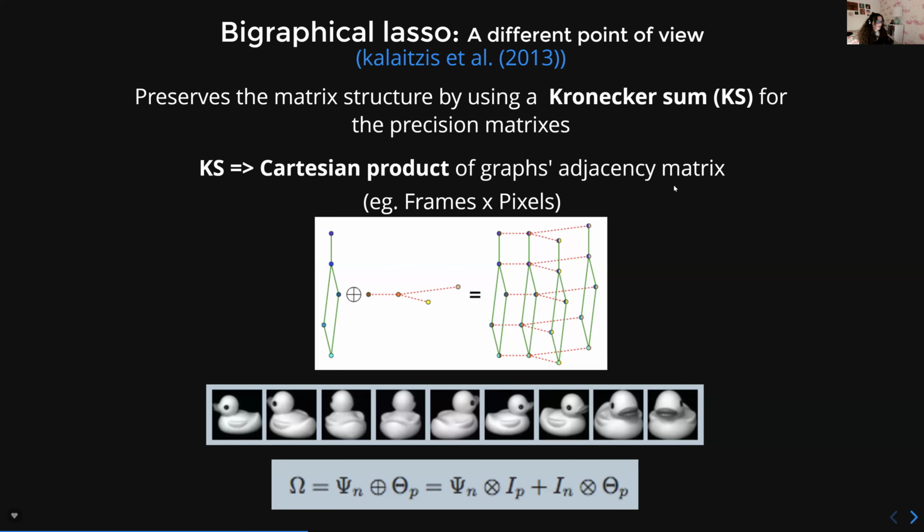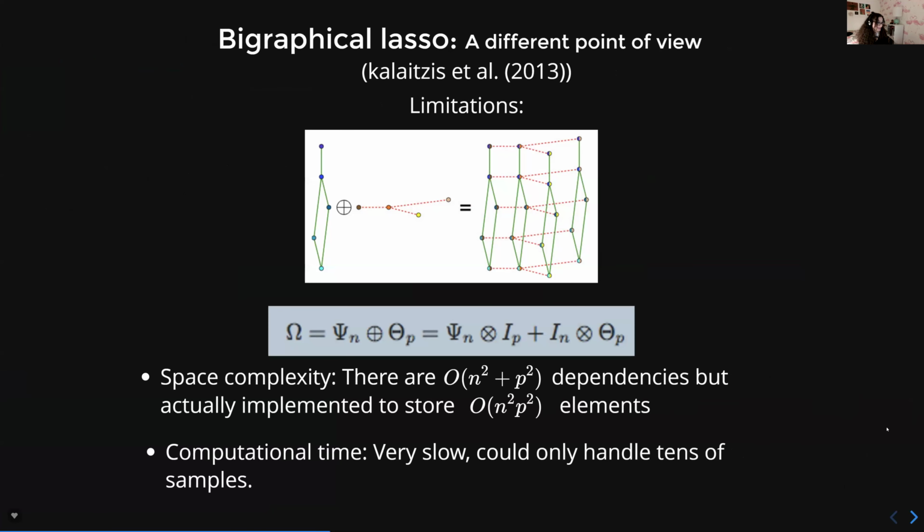This handles the problem, but the way it was implemented actually had issues. Even though the space complexity should be n squared plus p squared, because that's what we have to memorize, not considering any sparsity, of course, when this was implemented, it stored the overall thing, so n squared times p squared.